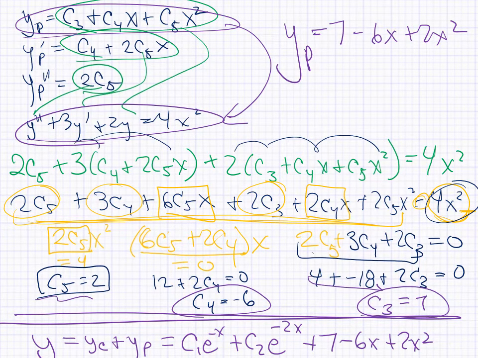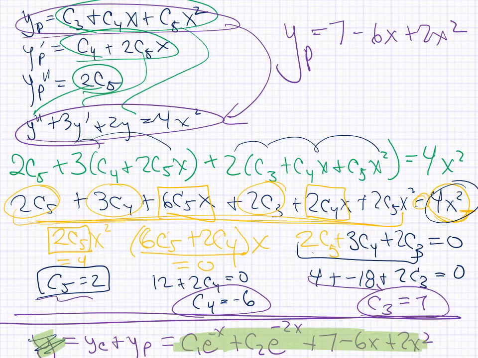And that whole thing right there is the solution. y equals this is the solution to the original non-homogeneous differential equation. This is called the annihilator method in undetermined coefficients.